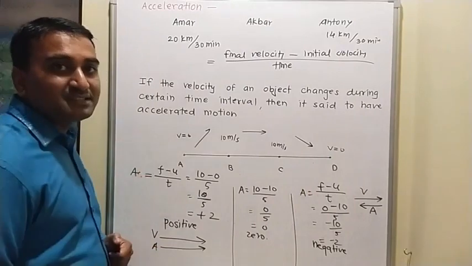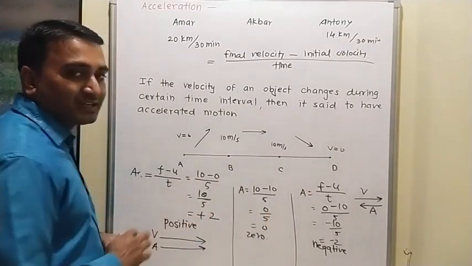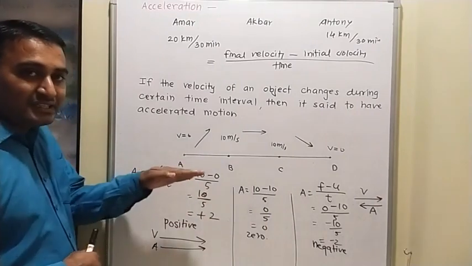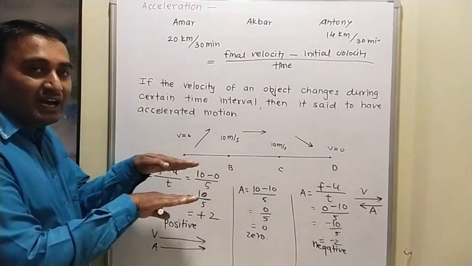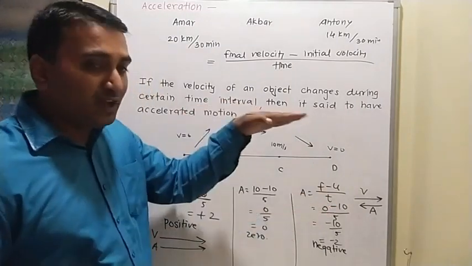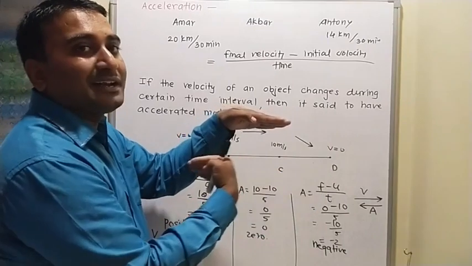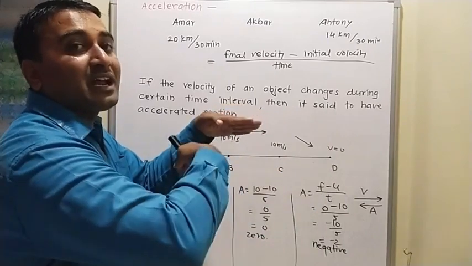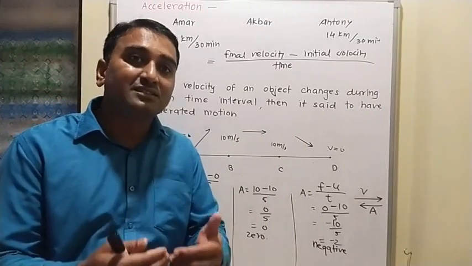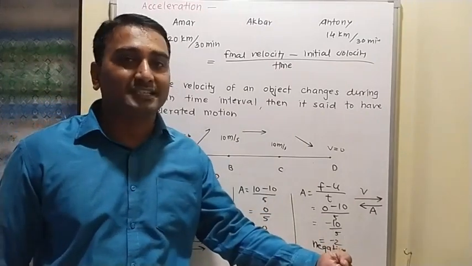If uniform speed, uniform velocity is there, acceleration is 0. In positive acceleration, velocity and acceleration are in the same direction. In negative acceleration, velocity and acceleration are opposite to each other. And so speed remains 0 at the end of this activity.